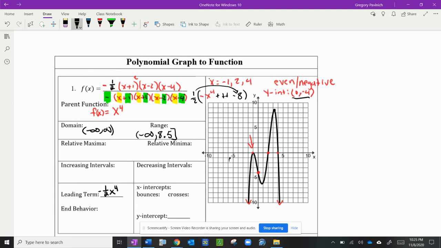If you wrote 8.4 or 8.6, you'd be totally fine. Okay, my relative maxes and mins, well, I just wrote a max right there at the top. And what does that look like? About 4.2, comma 8.5. Obviously, there'd be a little bit of room for error. 1, 2. Oh, that's 3.2. Sorry.